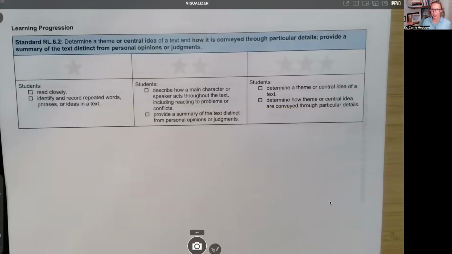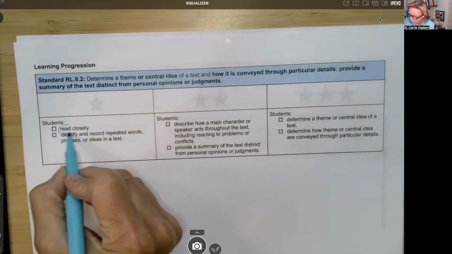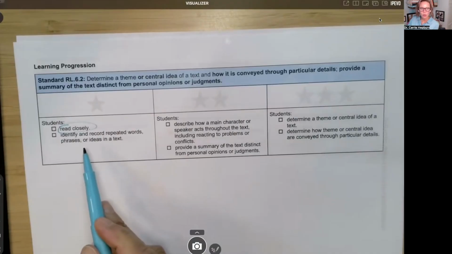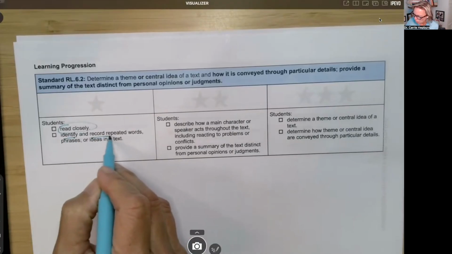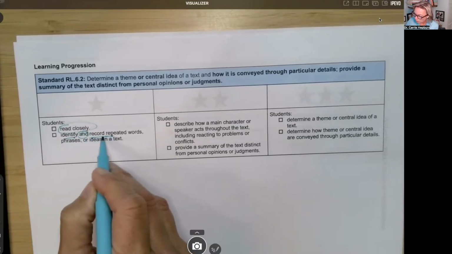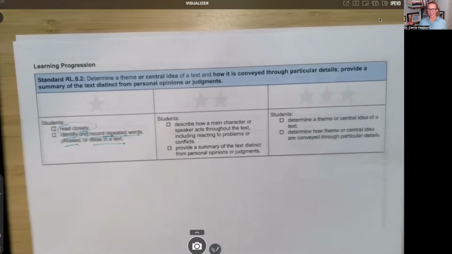So we pulled out the standard guide for theme. And as we were looking here in theme, you're going to notice that students need to read closely. And when they read closely, they need to identify, record repeated words, phrases, or ideas in a text.